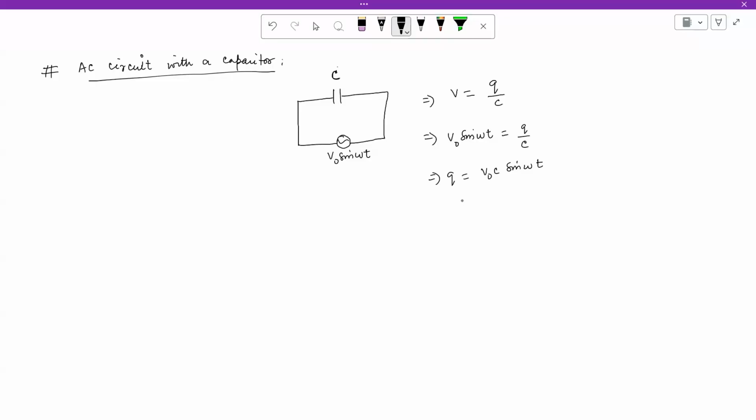So we differentiate it, right? Differentiating with time t, this would be dq by dt, and this is d by dt of V naught C sine omega t.